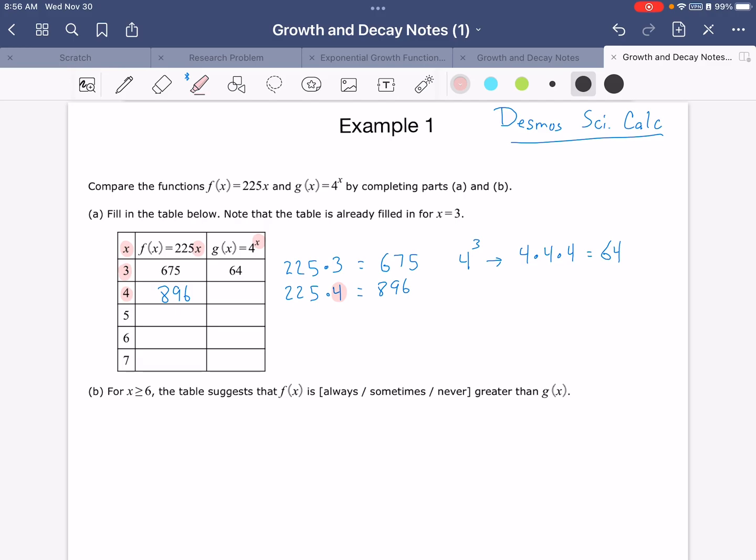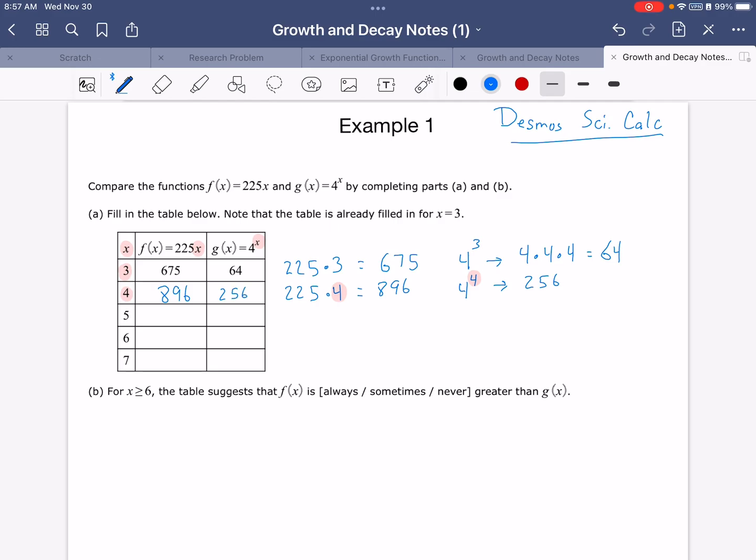Then for the next one, it's 4 to the 4th power. Again, substituting in that x value. You can either do 4 times that, or just grab a calculator and do 4 raised to the 4th power, and you get 256. You will fill out the table.